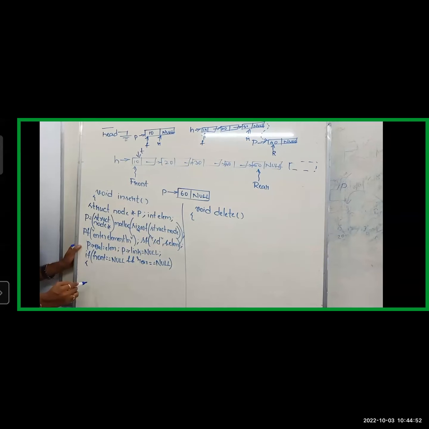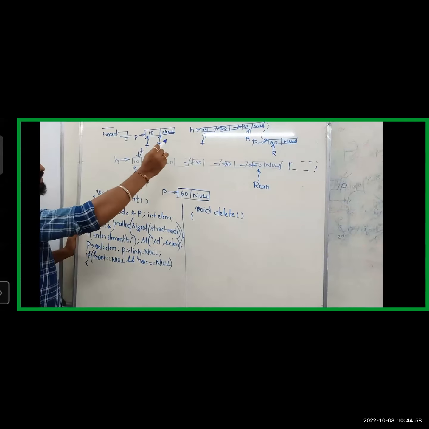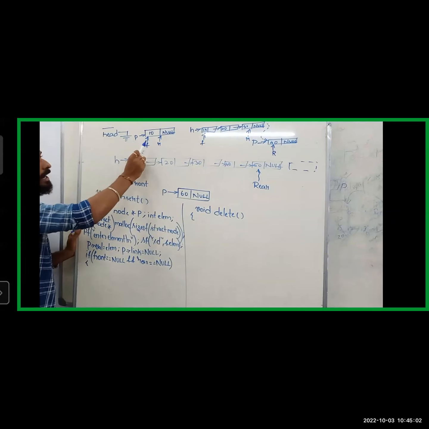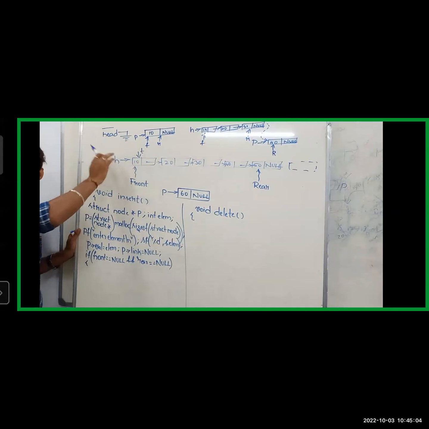So now I got one node here. As of now, I believe head is not required, because I'll be dealing with front and rear. I don't think that is required. If you want head, you can still use it.